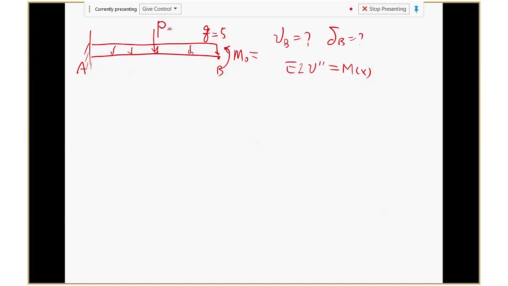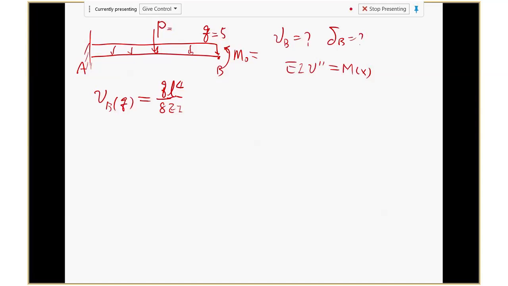Delta B, because the question is about point B. I don't need the answer for all the other points. So I'll copy this one down. That will be 1/8, equals 1/8 of qL^4 over EI.